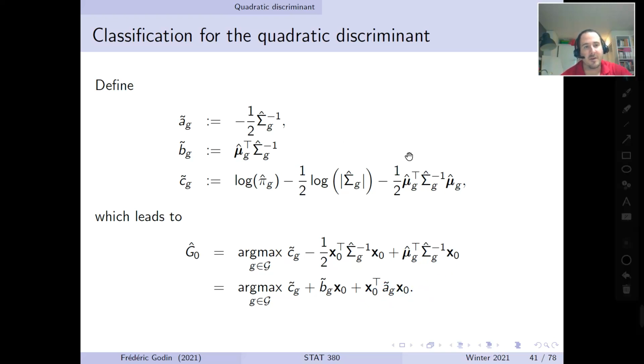If sigma G was constant across G, then this A tilde G would have been constant, and therefore this term would not have depended on G, so you could have dropped it. But now, because sigma G depends on G, this new term is here. So we see that making the forecast for the class of the new observation entails maximizing across all classes this expression, which is a quadratic expression with respect to the predictors x0.